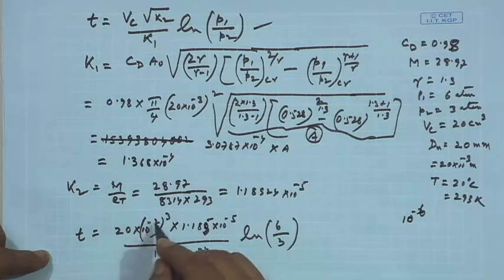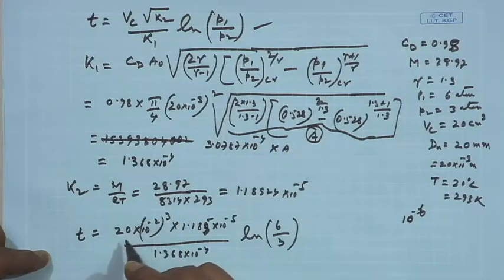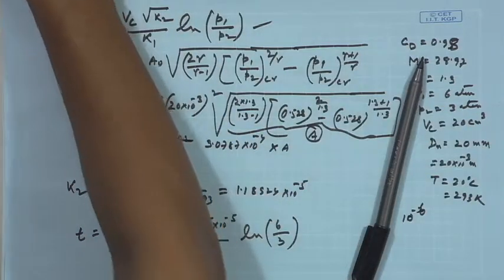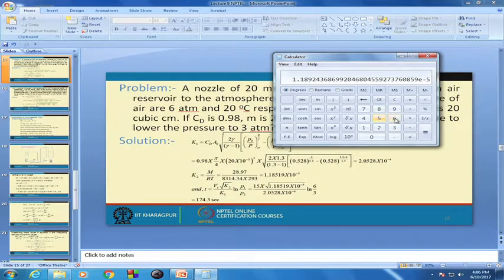So, rightly we write it to be 10 to the minus 6 meter cube. So, 20 times 10 to the minus 6 meter cube, that if we put it here, then we get 10 to the power minus 6 into 20, right?